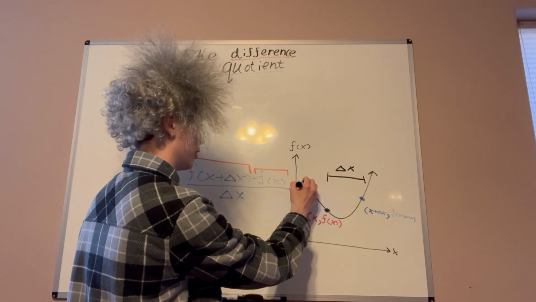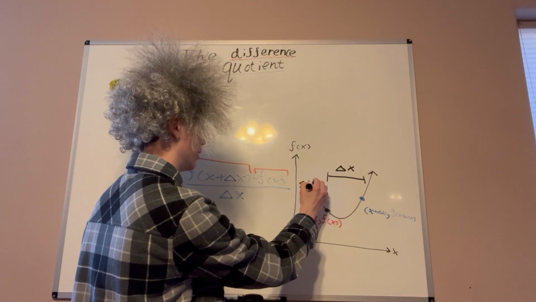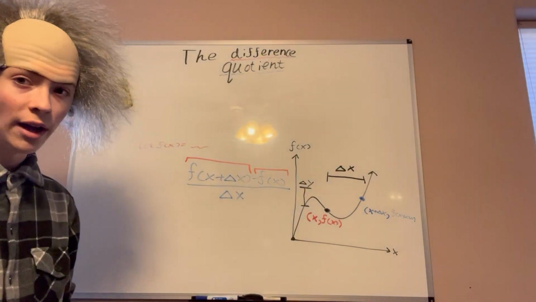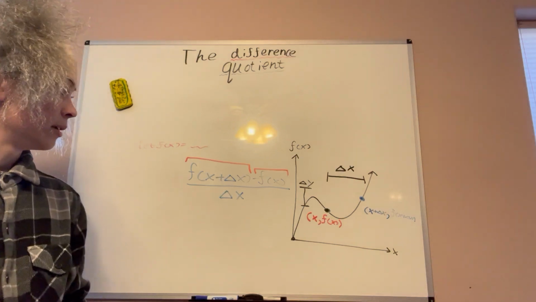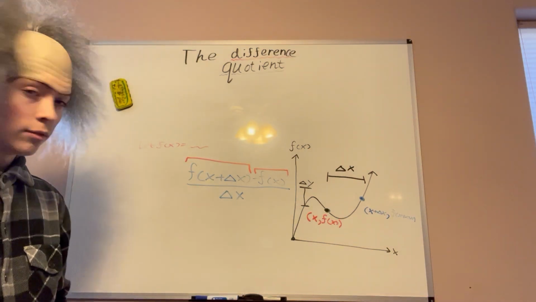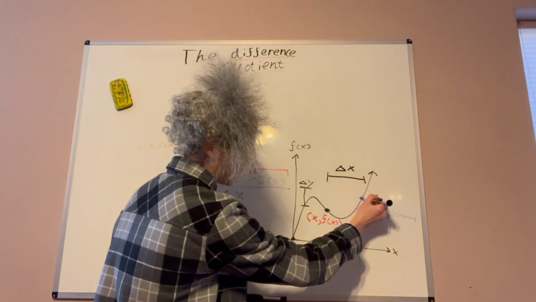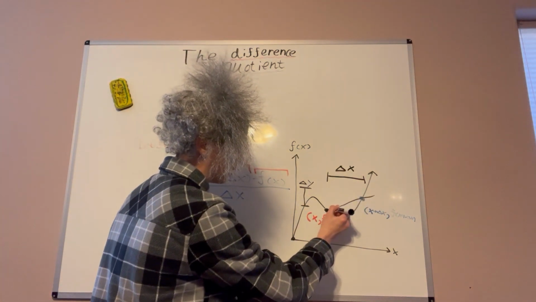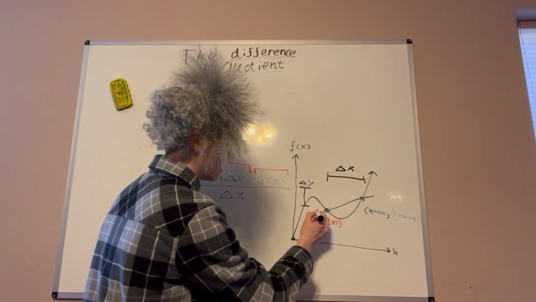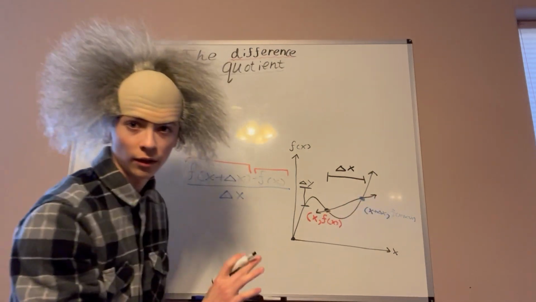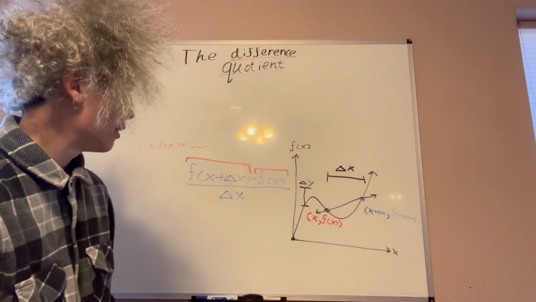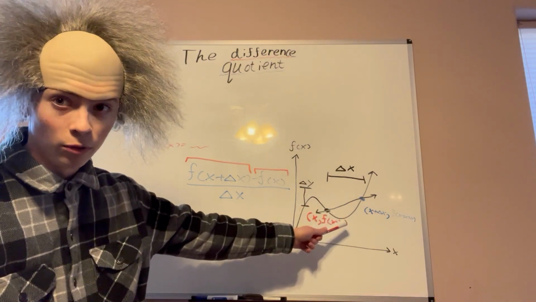I'll label that delta y for now. We have a change in y value and a change in x value. Now I'm going to do one last thing, and I hope it all clicks. I draw a straight line connecting these two points. It's not necessarily straight, but it's my best attempt.